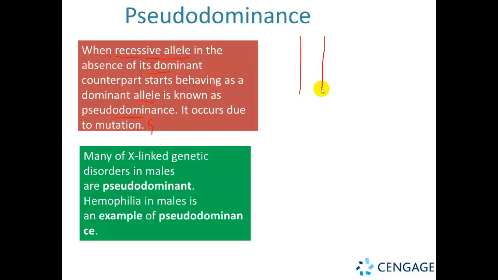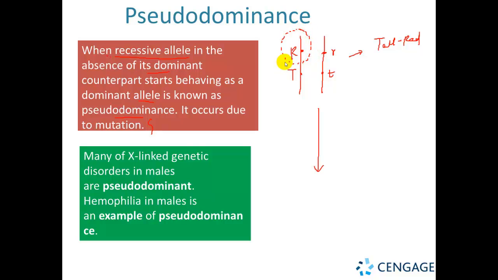Okay. So have a look at this. Suppose there is a homologous chromosome like this. And there are two loci. Let it be capital R, small r, and capital T and small t. So the phenotypic expression of this particular plant is what we can say, tall red, right? But suppose due to mutation, what happens?